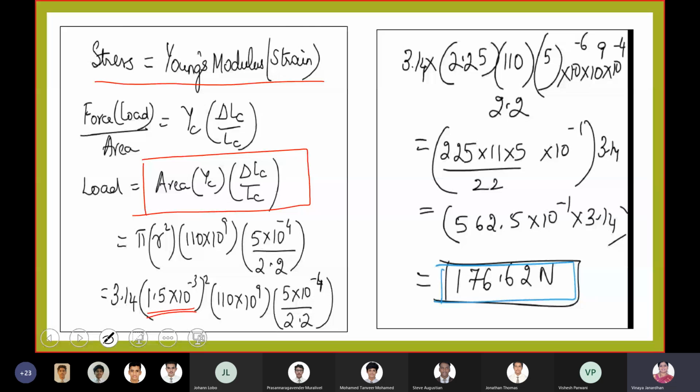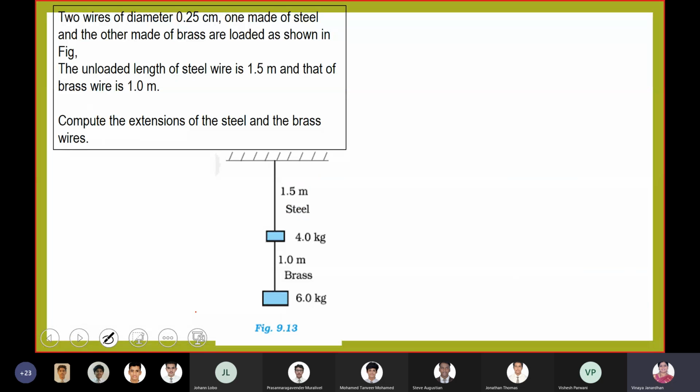176.62 Newton. So there is one more numerical. At least the diagram, can you take down the diagram, boys? Ma'am, which question number?